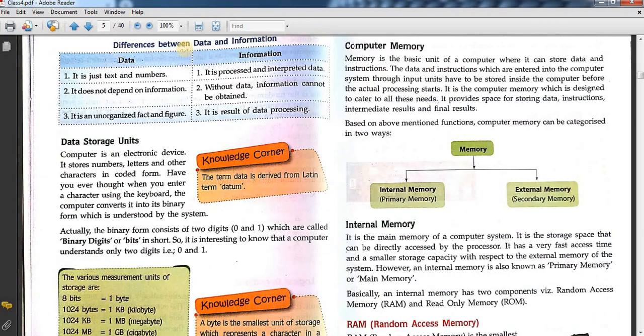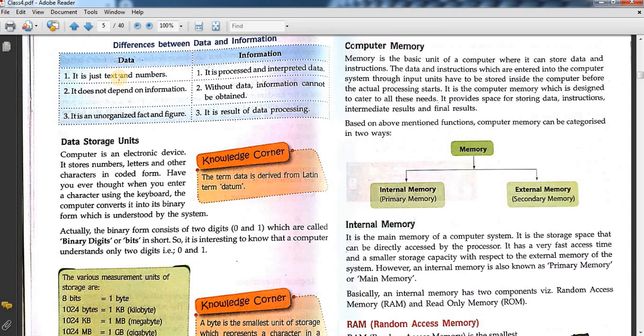Now comes the difference between data and information. Data is just text or numbers, and information is processed and interpreted data. What is meant by that? Whenever we are adding two numbers, we have to give any two numbers like 2 or 3.